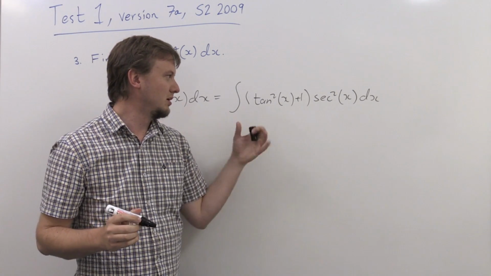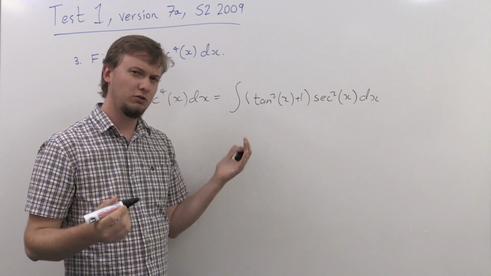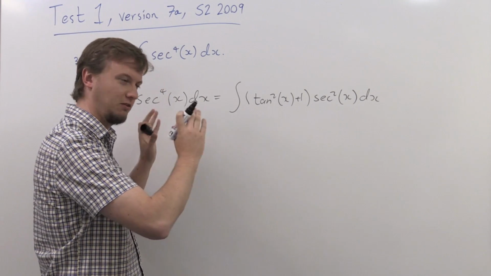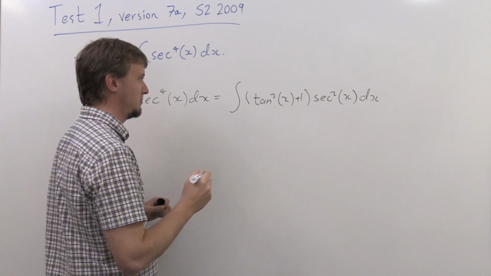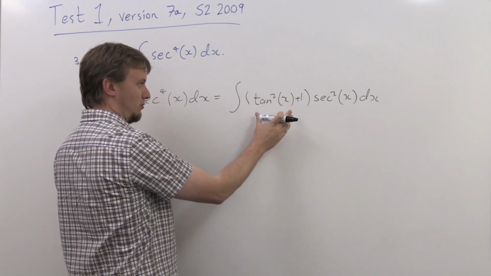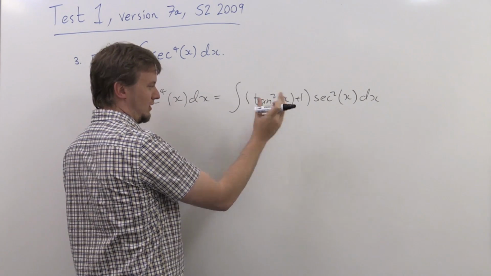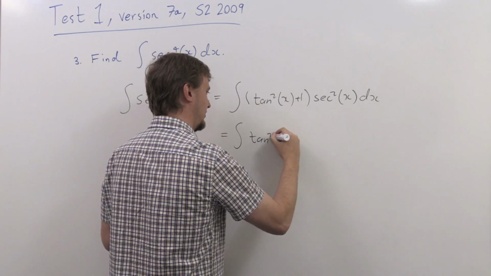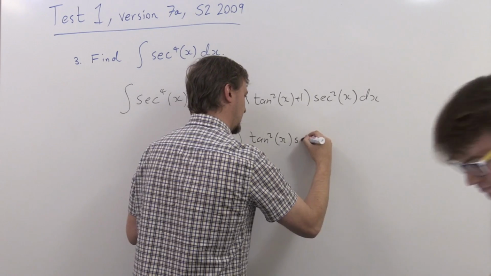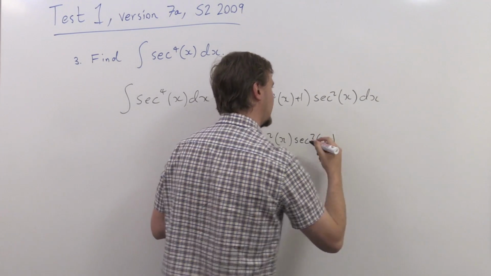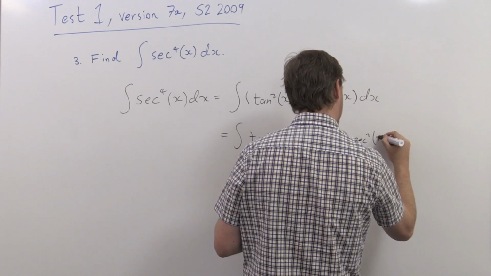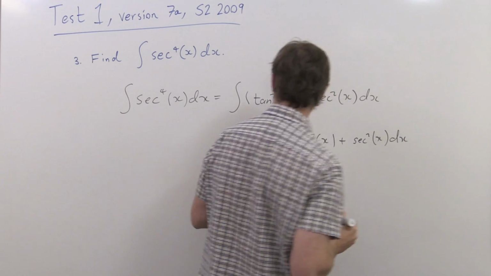So I could do a substitution, but actually this is one of the cases where I think I could probably just integrate it straight away, just pretty much by looking at it. So if I want to integrate, let me expand it maybe just one step. So it's the integral of tan squared x sec squared x plus sec squared x dx.